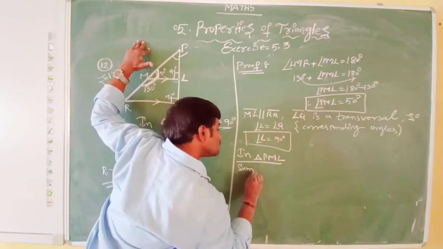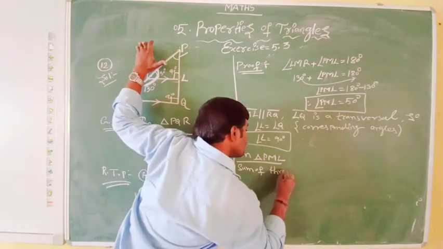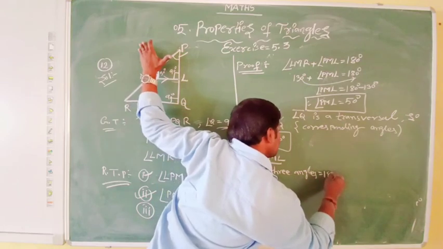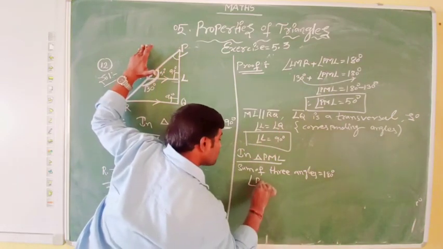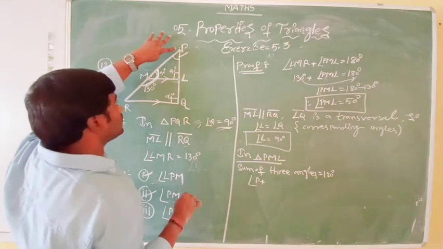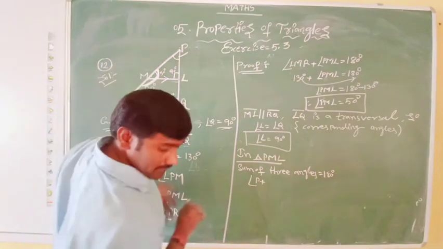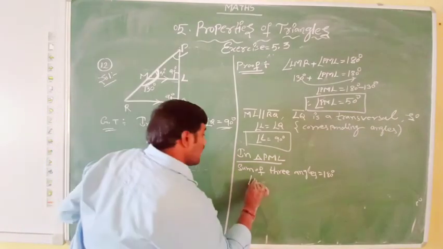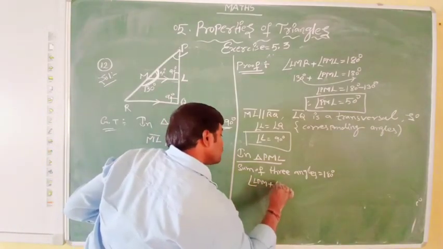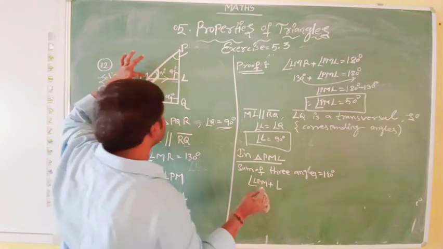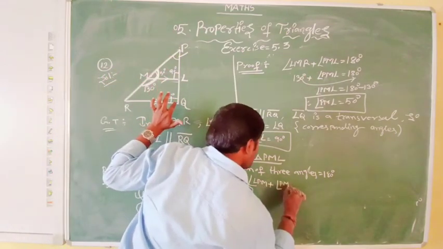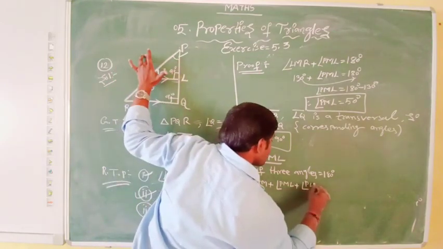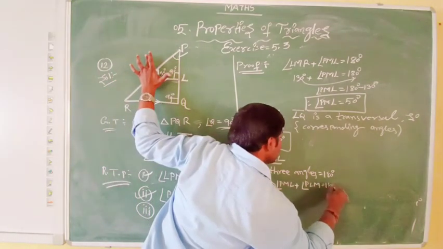So the sum of three angles equals 180 degrees. That is angle P; in the sense, I would like to write the full name of what we need to find here: angle LPM plus angle M, in the sense angle PML, plus angle PLM equal to 180 degrees.